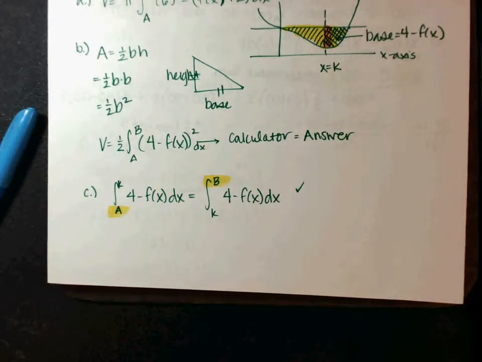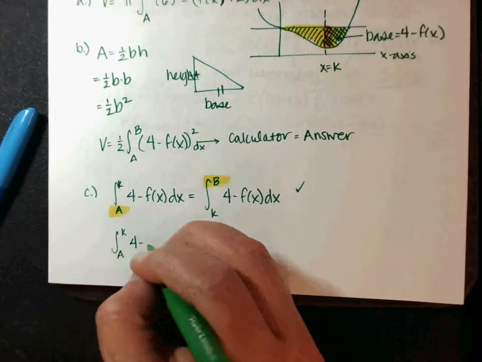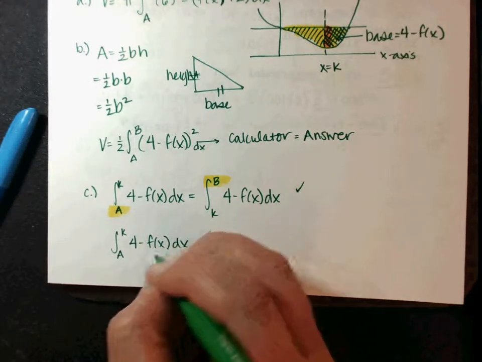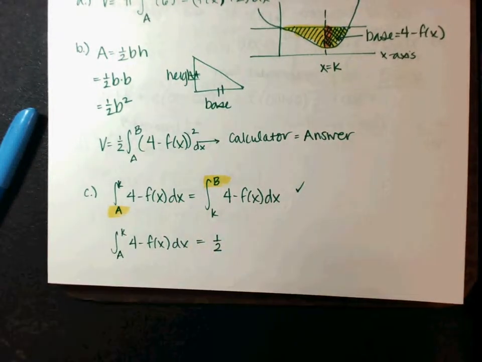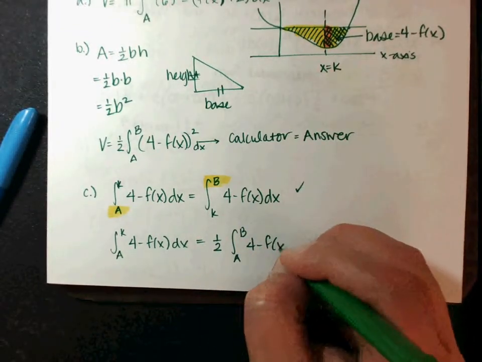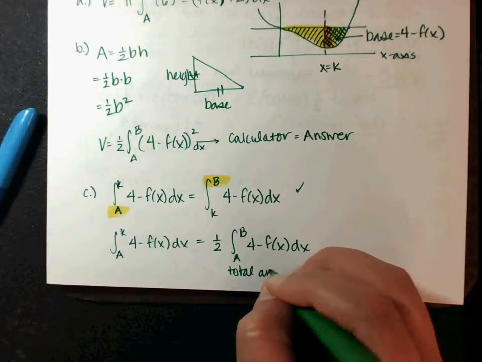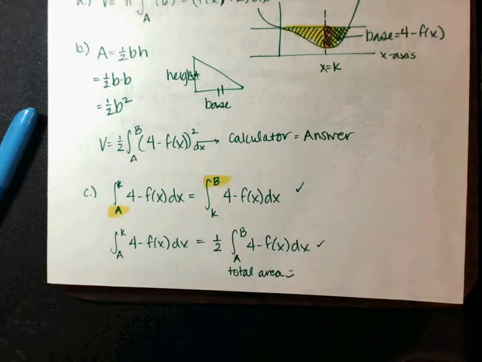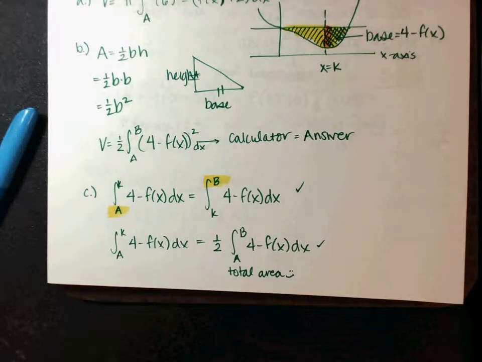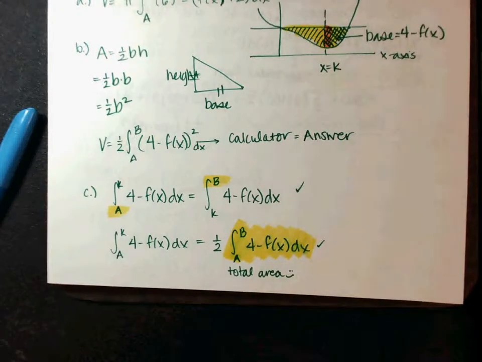Okay, the other option, which a lot of y'all did correctly on your test, was you said the integral from a to k of 4 minus f of x dx is equal to half, and then you set up the integral from a to b of 4 minus f of x the whole way across. So you're basically saying it's half of the total area. Okay, that would have been fine. The last option I'm going to give you is that if you actually found this area, then you could have just cut it in half and set it equal to that instead.